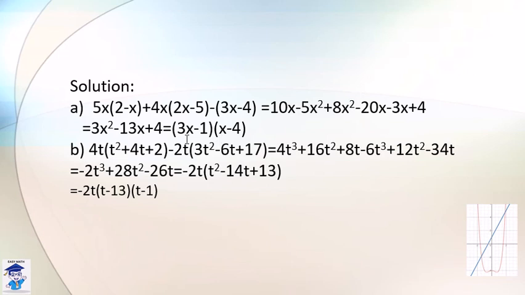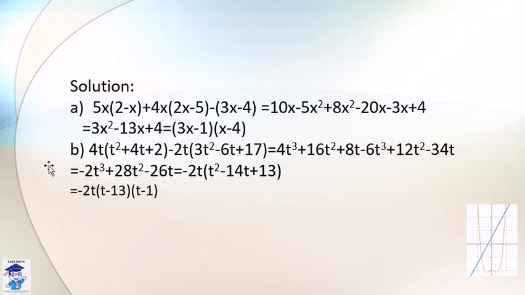And negative 4 times 3x is negative 12x. And minus x, so it is negative 13x. So the answer of A is 3x minus 1 times x minus 4.